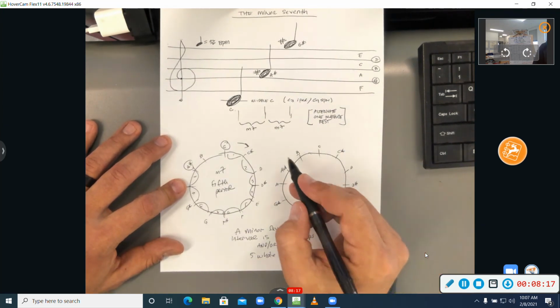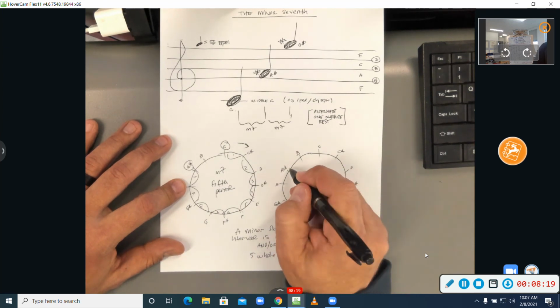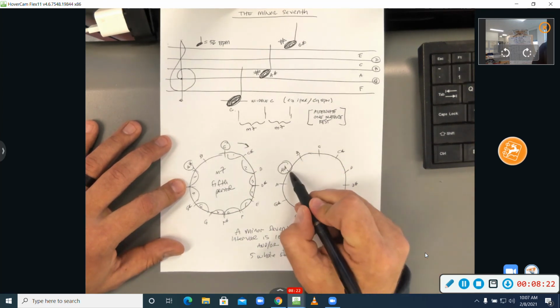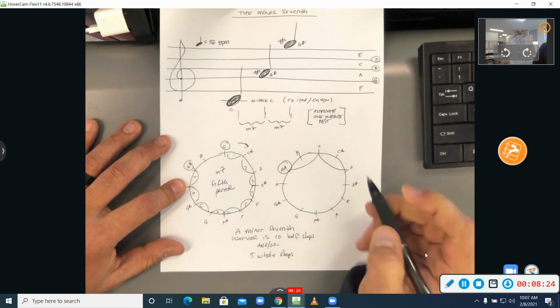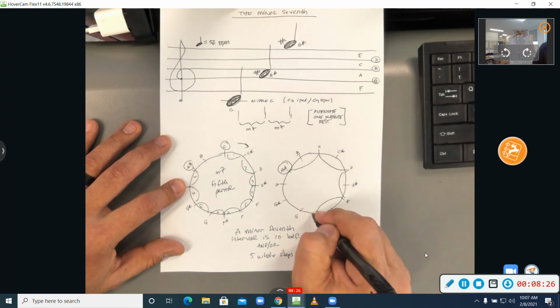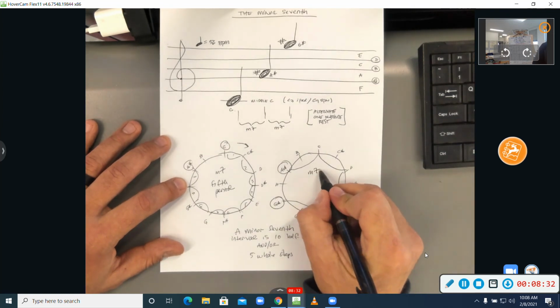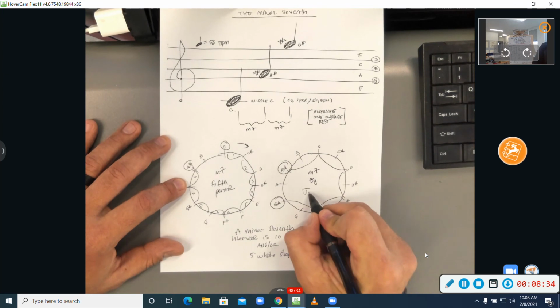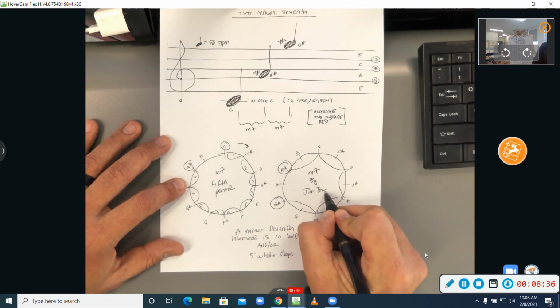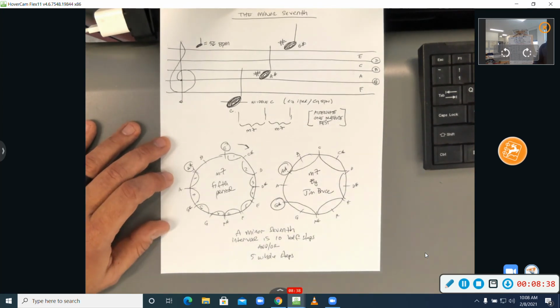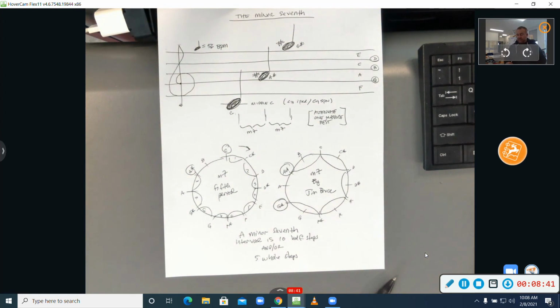So if we were to start at the A sharp and go 1, 2, 3, 4, 5 whole steps, we end up at our G sharp, which again is a minor seventh, and this will be by you. And that is how you do this week's physical art. Thank you very much.